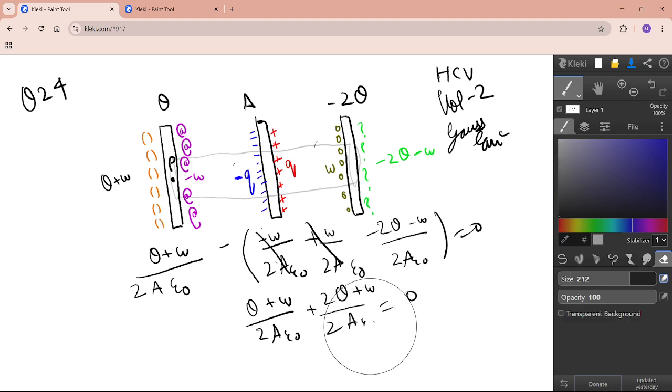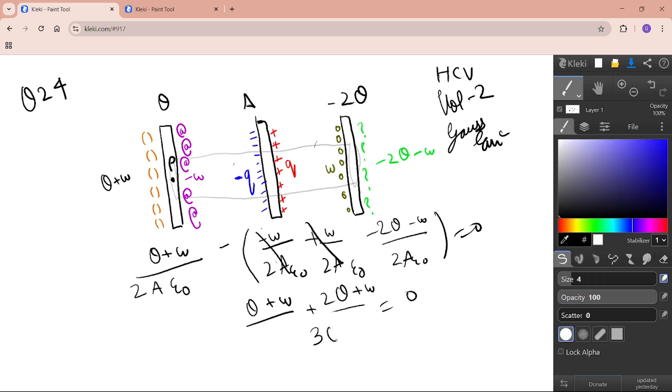Of course, 2 epsilon naught gets multiplied with the other side. It becomes 3q, so minus 3q is equal to 2 omega.